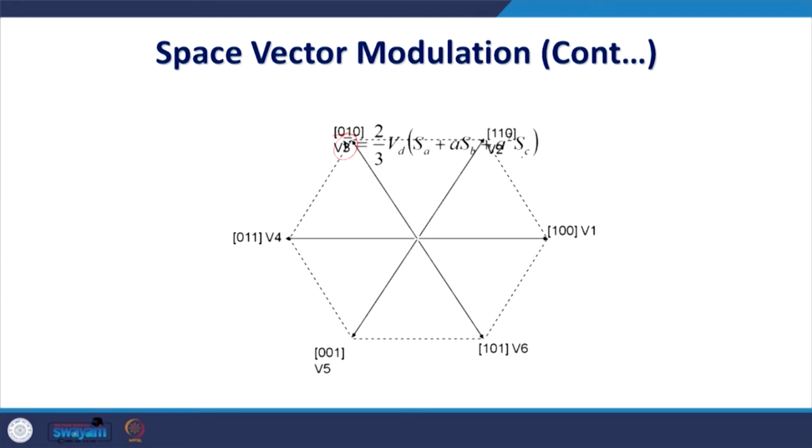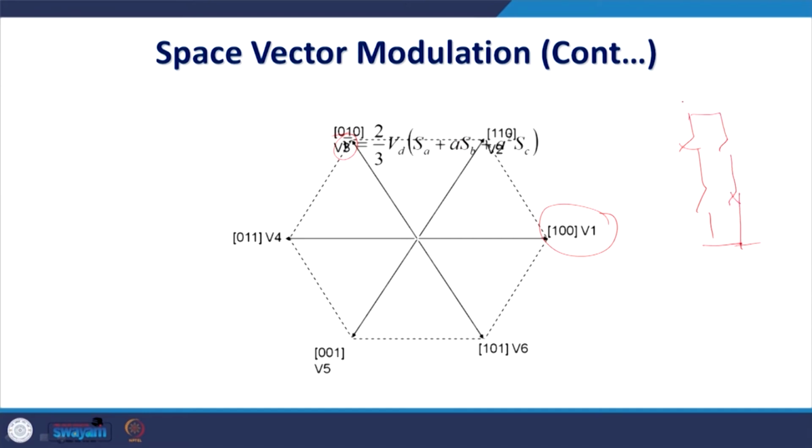First of all, if you want this vector to be A, that means in the upper leg of A the switch is closed, and for the lower 2 legs the switches are open in the upper legs and closed in the lower ones.